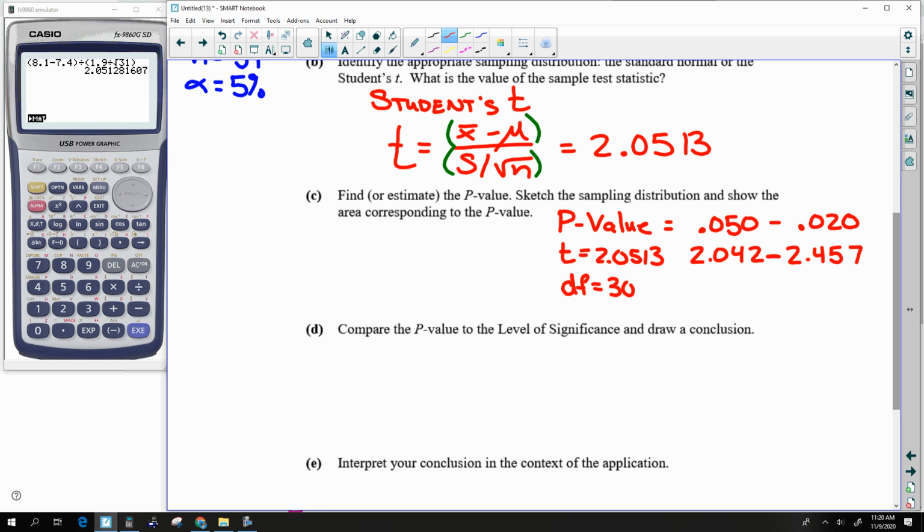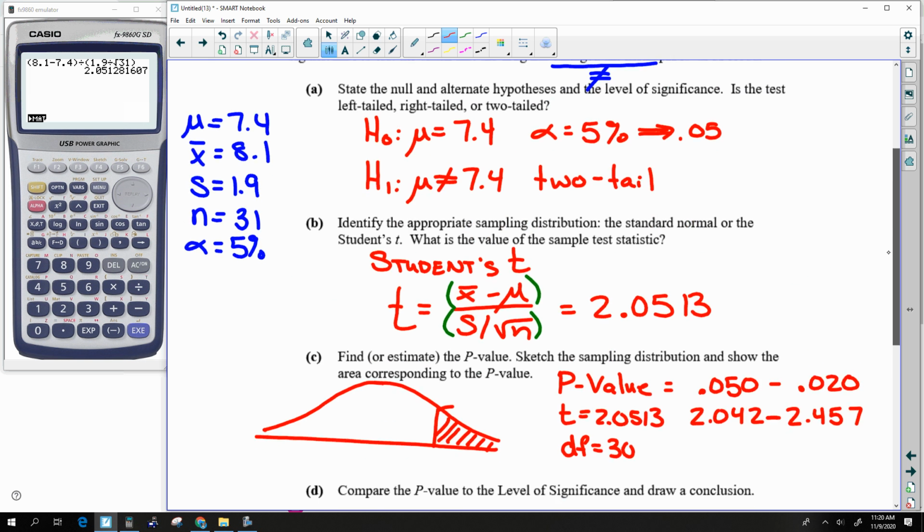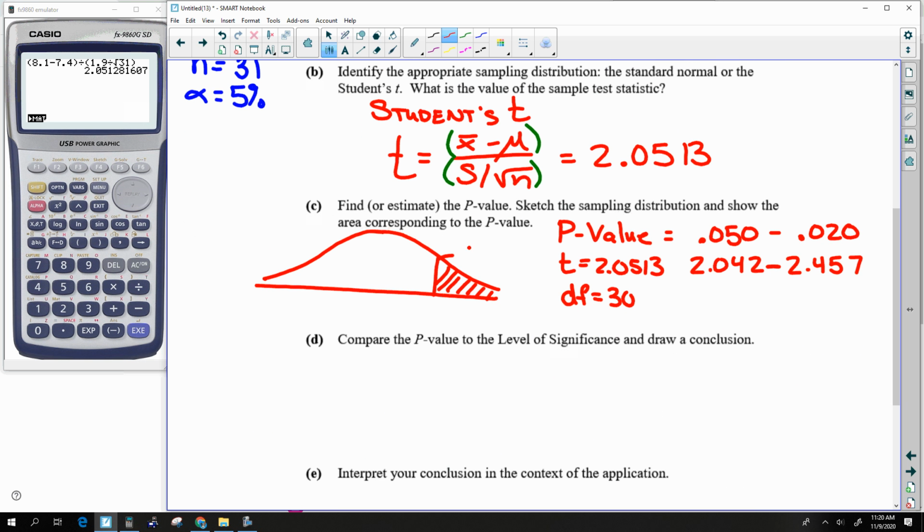Okay, so go to the picture. I don't think we've seen one of these before, and here's what we haven't seen. So this is a two-tail, and alpha is 5%.